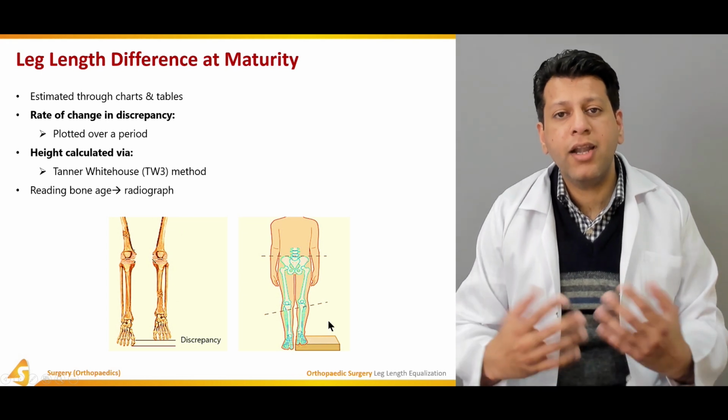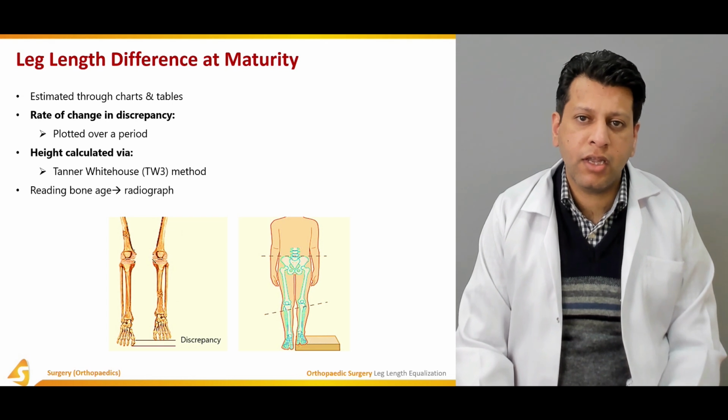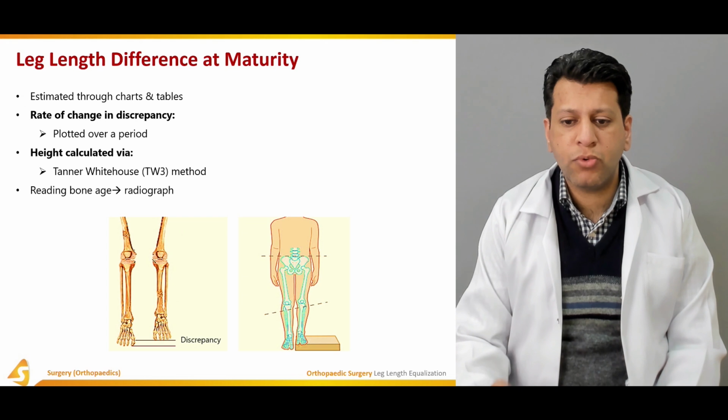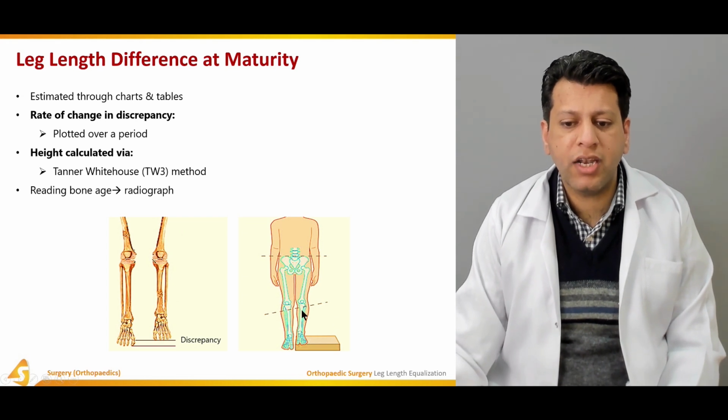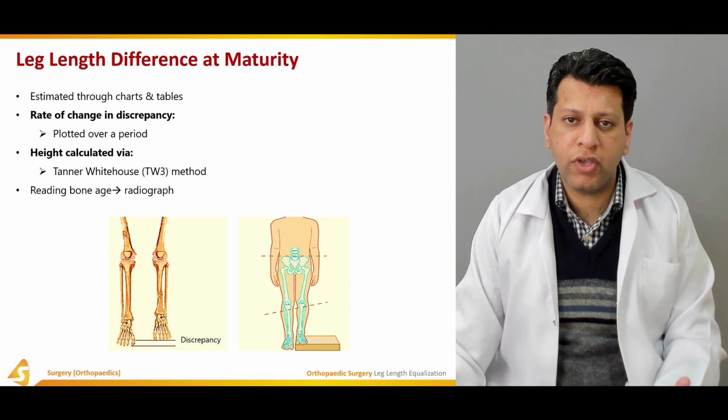So if a child had an injury of the knee and his physis was damaged due to traumatic injury, then let's suppose he or she had a problem with the left knee, and she is 8 years of age.